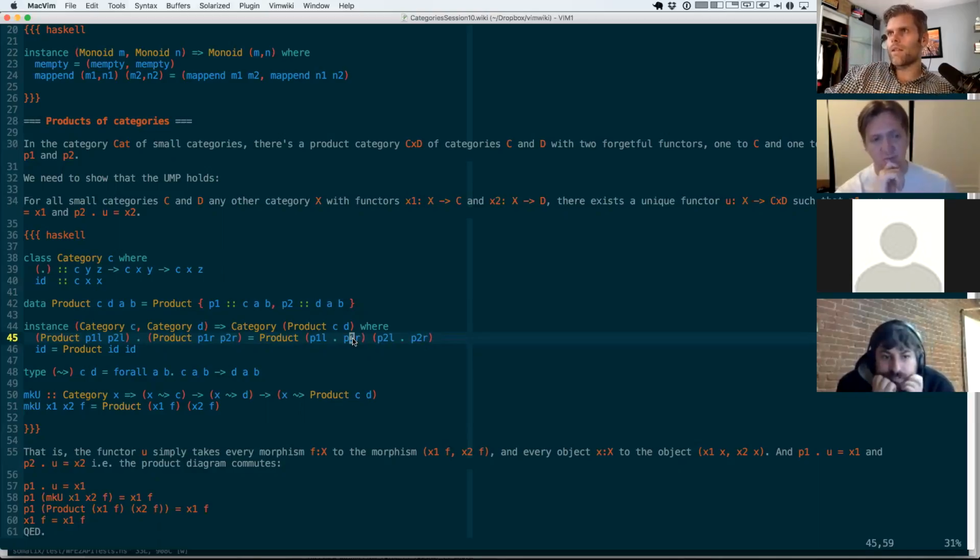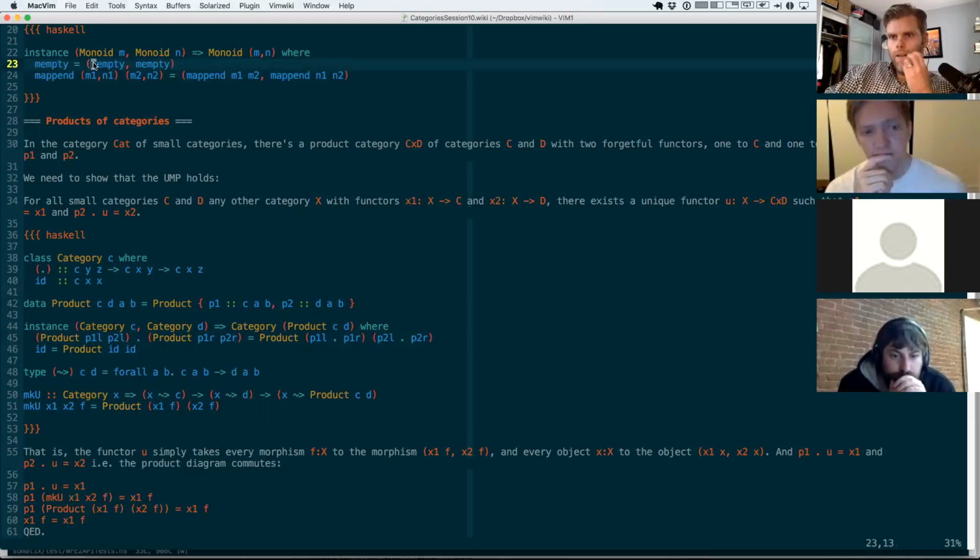So it's exactly the same situation as with the monoid, except it's more generalized to other categories, right? So the identity of the product category is just the pair of the identities, the ordered pair of the identities, and the composition on the products of the arrows is just the composition on the arrows that are in that product, right?